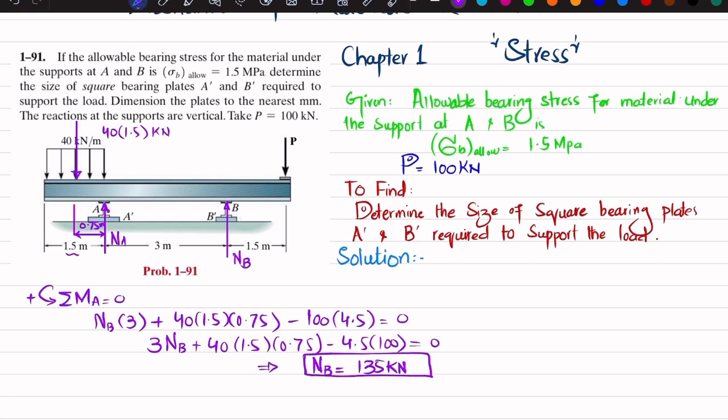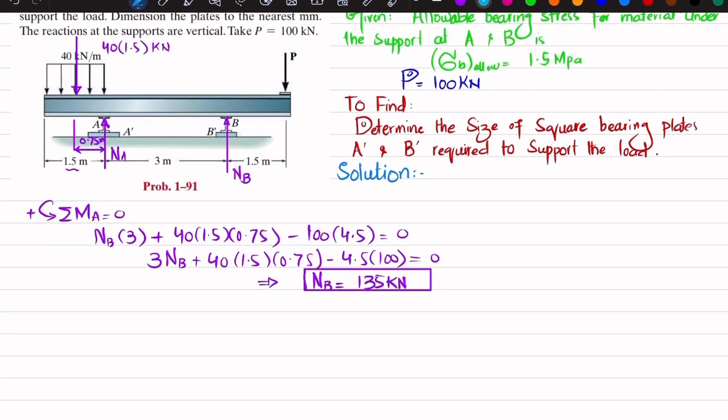Now we will find the vertical force at point A. So how will you find this? You will apply the sum of all forces along the y direction equal to 0, and upward force is taken as positive. You can see one force which is downward is this one, the other one is NA, the other one is plus NB, and this minus 100 will be equal to 0. So I will write minus 40 into 1.5 plus NA, plus NB which is 135, and minus P, 100, is equal to 0.